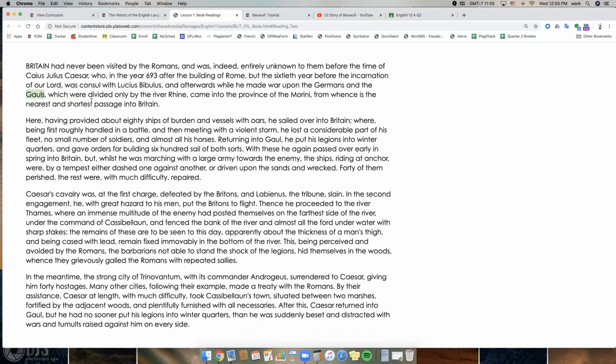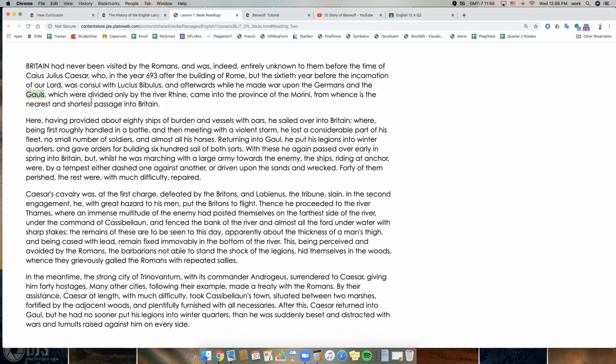Here, having provided about 80 ships of burden and vessels with oars, he sailed over into Britain. We're talking about Caesar here, where, being first roughly handled in a battle and then meeting with a violent storm, he lost a considerable part of his fleet, no small number of soldiers, and almost all his horses. Returning into Gaul, France, he put his legions into winter quarters and gave orders for building 600 sail of both sorts.